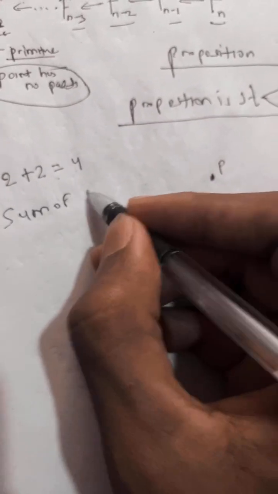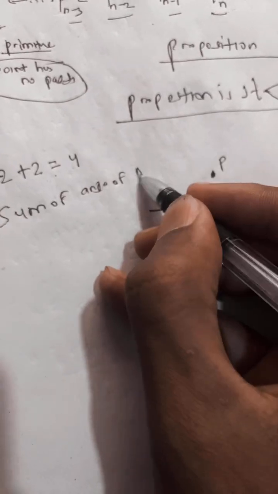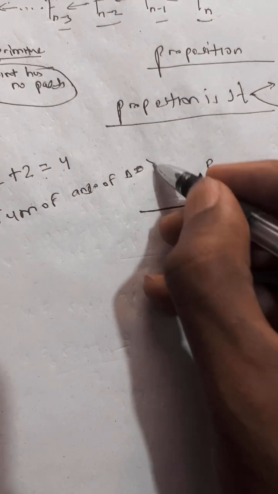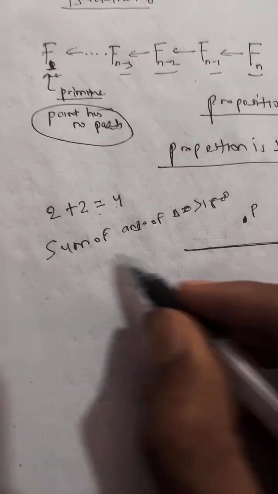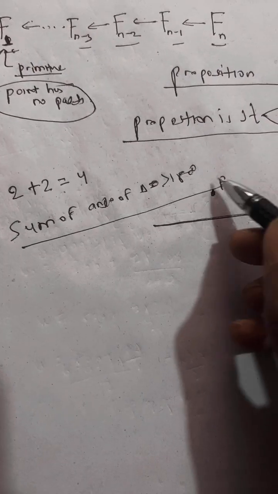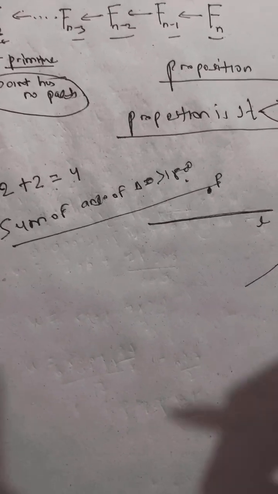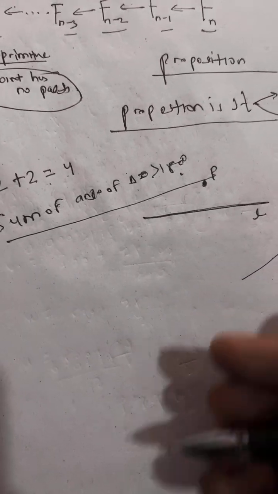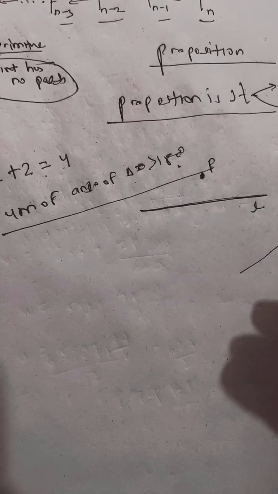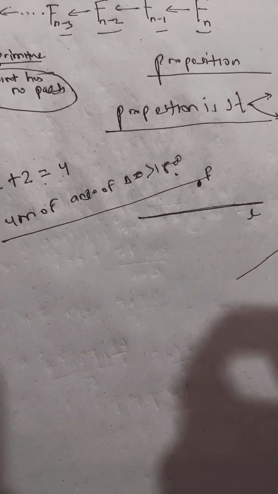The sum of angles of a triangle is more than 180 degrees. It is either true or false, right? So every proposition has a truth value. Either it is true or it is false. And a statement that can have two values, true or false, is called a proposition.